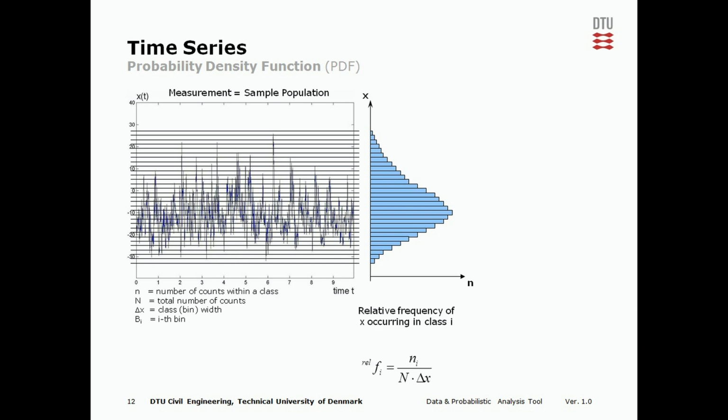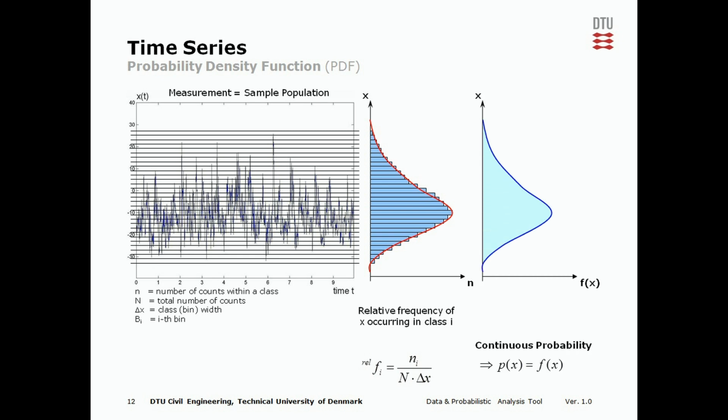So this count can now be normalized by the number of the total data points, and with that we do get the relative frequency of the data points. This relative frequency is in principle a reflection of what we call the density function of the data points of the sampled space.